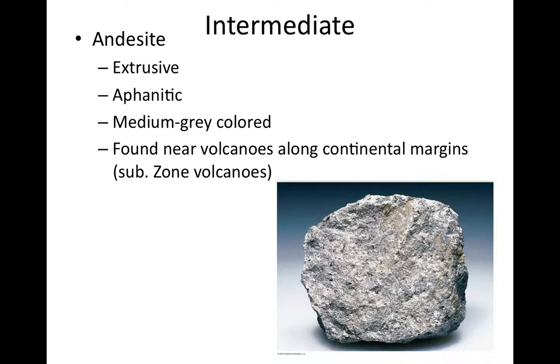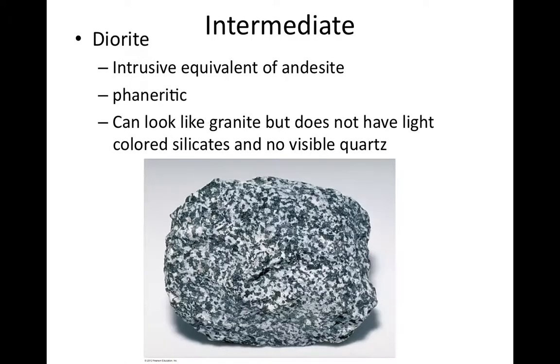But if this intermediate magma does not reach the surface, where it can cool rapidly to form andesite, and if it cools slowly deep beneath the surface, it forms the intrusive intermediate igneous rock, diorite. And diorite has a phaneritic texture, as you can see these large mineral crystals.